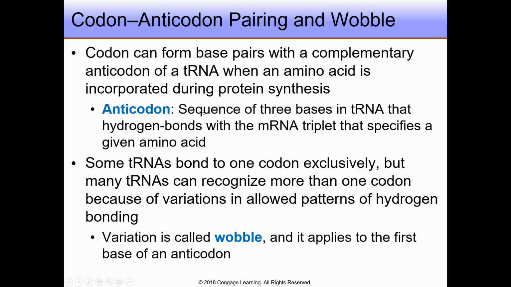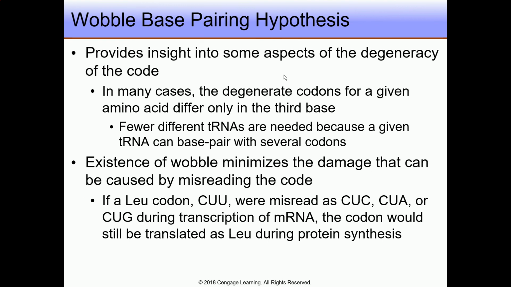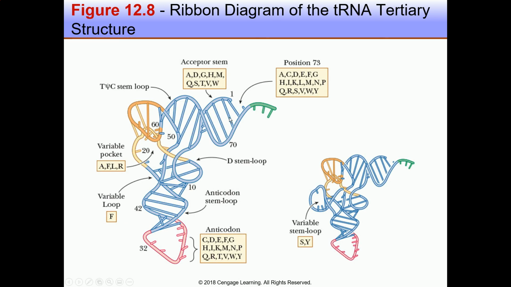A codon can form base pairs with the complementary anticodon of a transfer RNA. So let me show you the structure of transfer RNA.